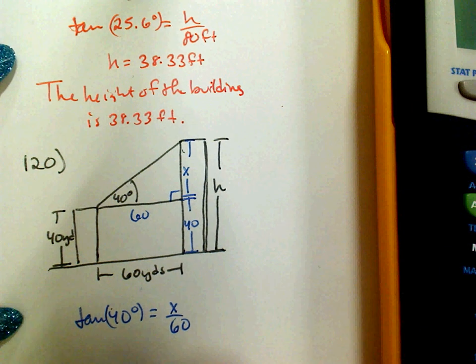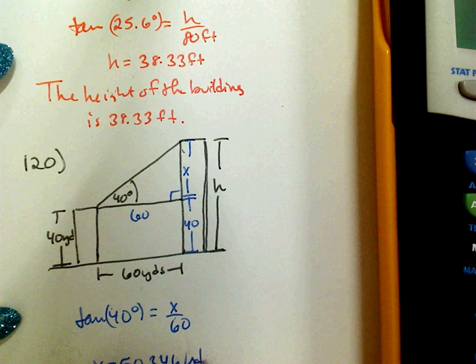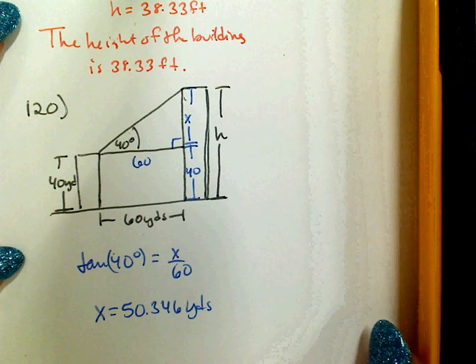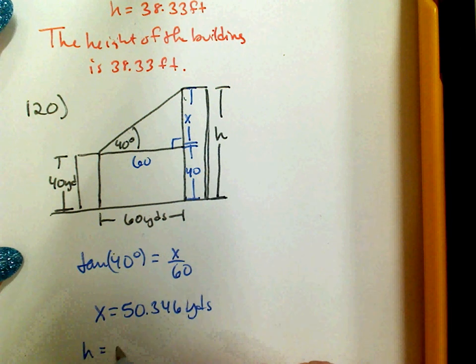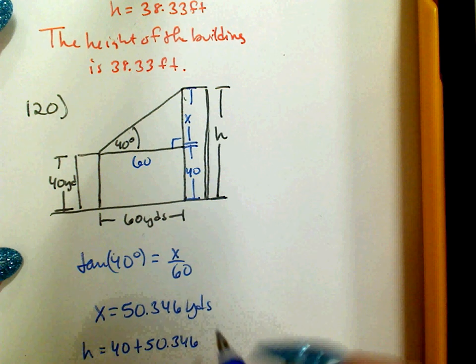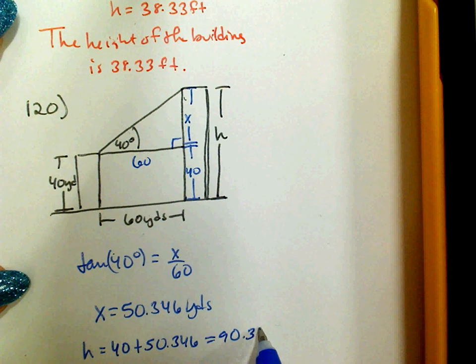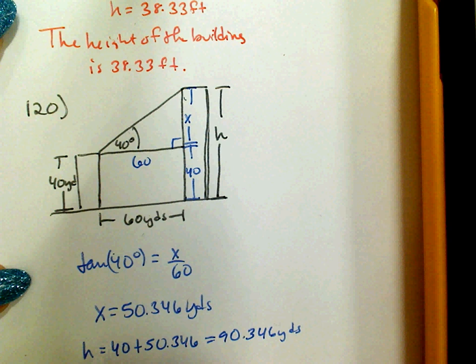X equals 50.346, not feet, yards. But we are going to add that to the height of the shorter building, so 40 plus 50.346 yards, which, if it was my test, I would say 90.346 yards tall, but it does say to the nearest yard, so we're going to say 90 yards.